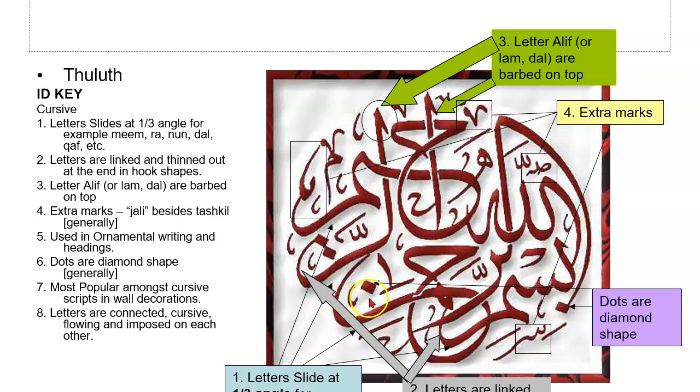Again, inside the masjid, you may see some other scripts that are done, but when people do that, it's considered not right, not giving each script due honor, so to say, in calligraphers' eyes.